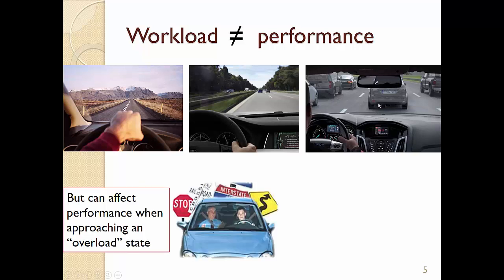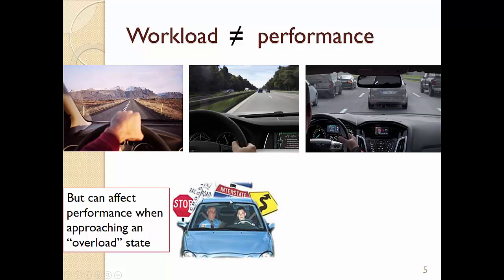However, if we reach our overload state, so in each of these cases, I'm assuming we have a driver who is well practiced and isn't getting totally overwhelmed by the workload of this scenario. When we do get overwhelmed, and one good example is when we're learning to drive and we have to proceduralize all of these rules and all of these things, we haven't practiced them and made a lot of it automatic yet.